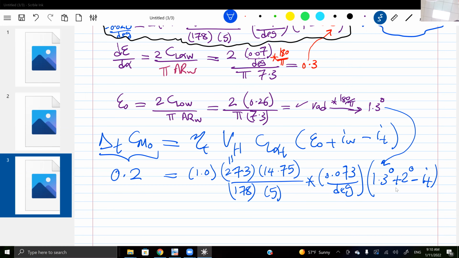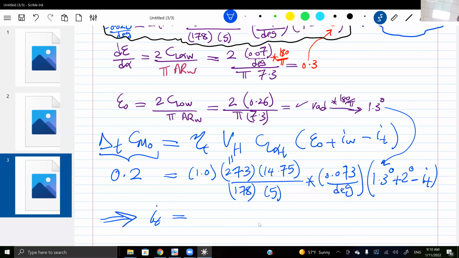Per degree times degree is okay. And the only unknown in this equation is what? It's just I tail, and when I get it, it will be in what unit? Degrees, exactly, because it was simply added to degrees.